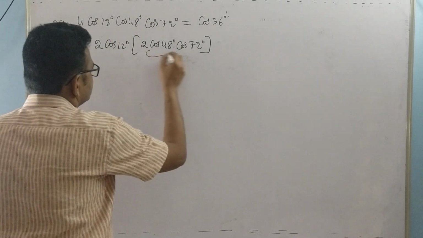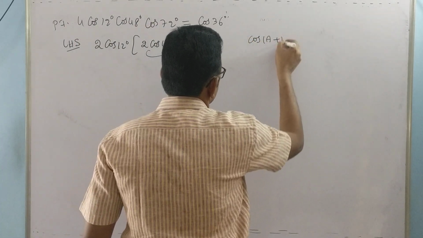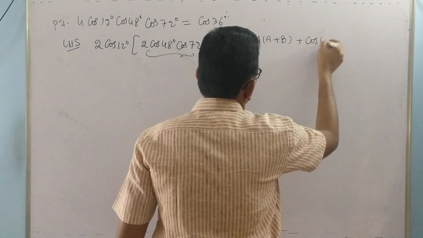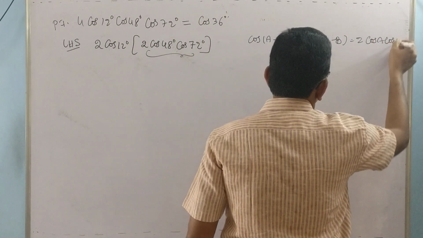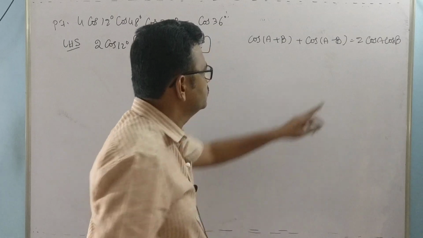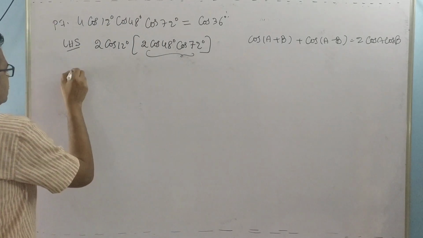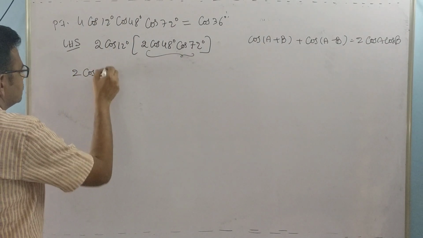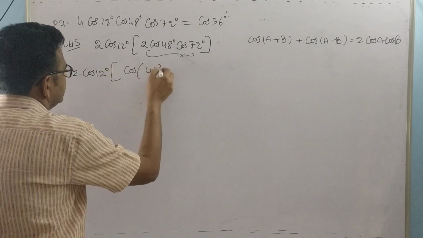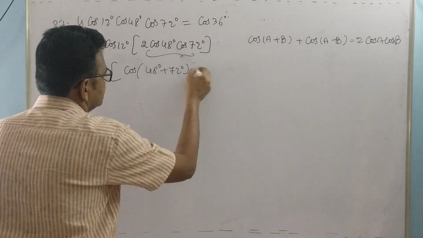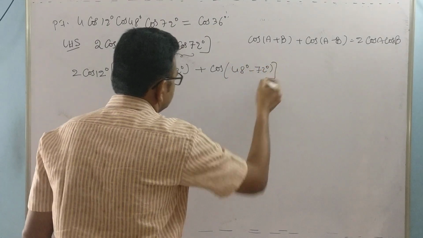Now, cos of A plus B plus cos of A minus B is equal to 2 cos A cos B. So that is equal to 2 into cos 12 degrees, times cos of A plus B, cos of 48 degrees plus 72 degrees, plus cos of A minus B, 48 degrees minus 72 degrees.